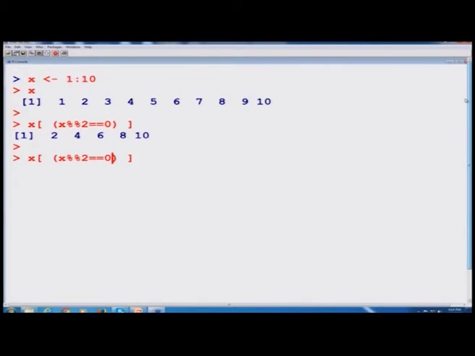Similarly, when I do it for 1, that means x modulo 2 is equal to 1, that means all the numbers in which the remainder is 1 when they are divided by 2, the answers are 1, 3, 5, 7, 9.